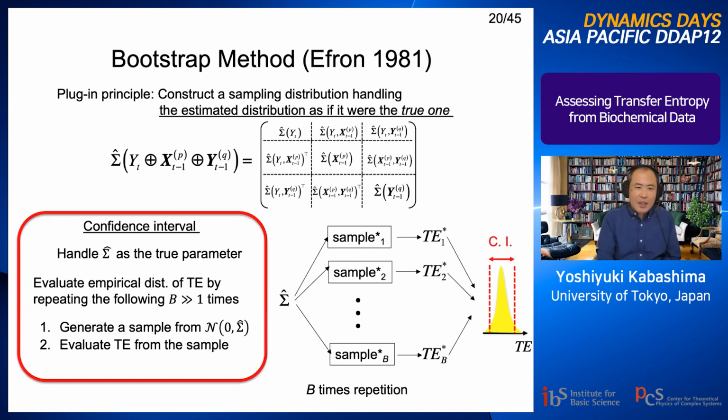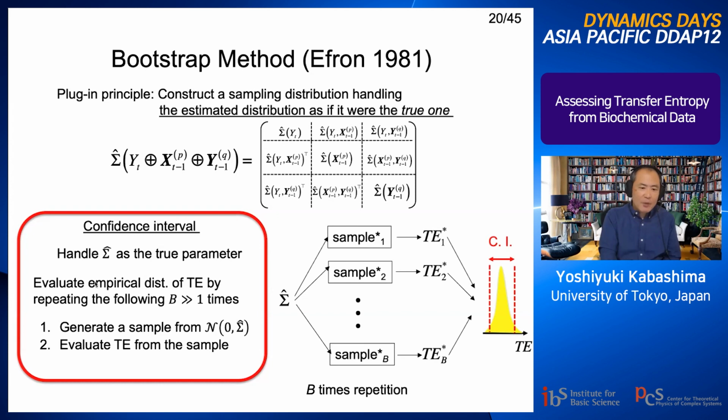Of course, it is impossible to have the true covariance matrix from data, so we handle the estimated covariance matrix as if it were the true parameter.